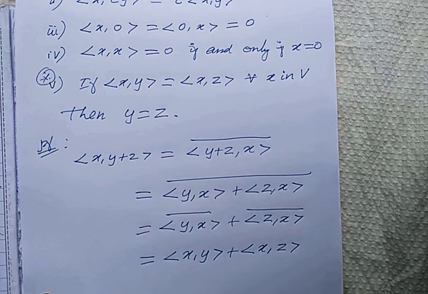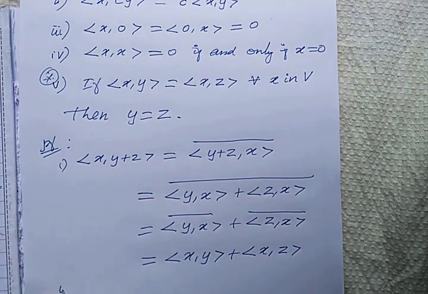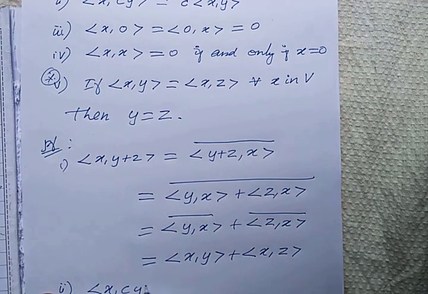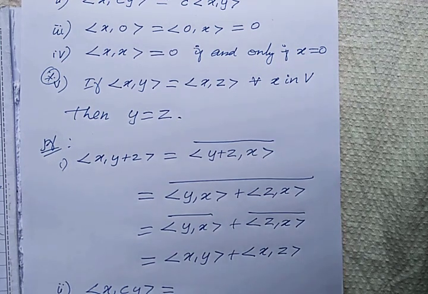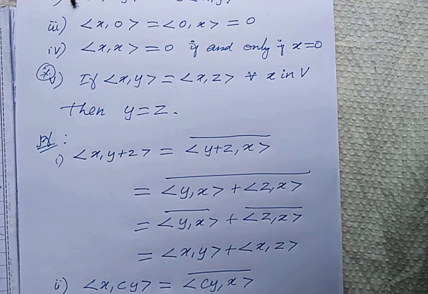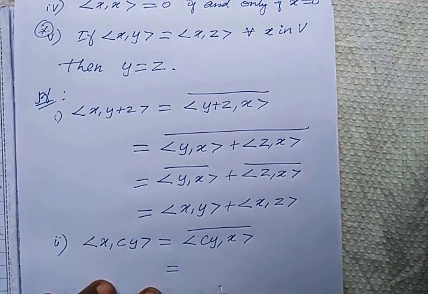Now let us prove the second one, inner product of x comma cy. This is equal to inner product of cy comma x. If we change the components, we have to put the bar. This is the third condition. So now we can take the constant outside from the first component. That is the second condition.